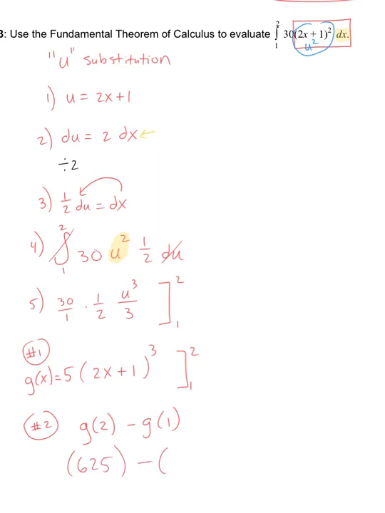When I plug 1 into my antiderivative equation, I am getting 135. And when I subtract, I get an area of 490 units squared. So that is the area under the curve of 30 times 2x plus 1 squared from 1 to 2.